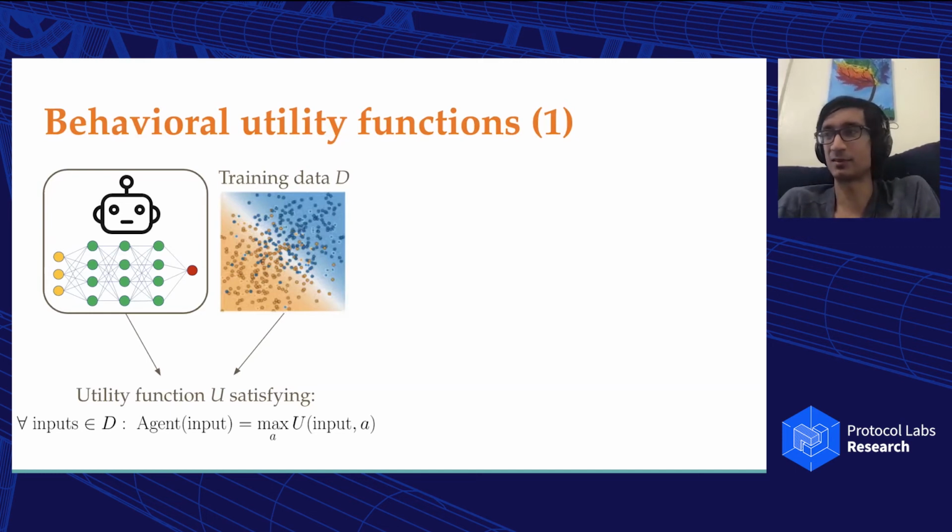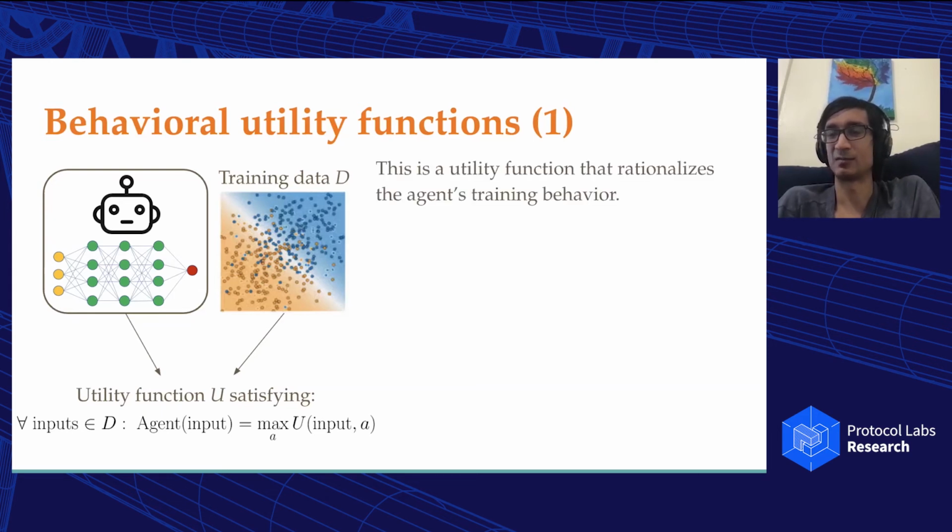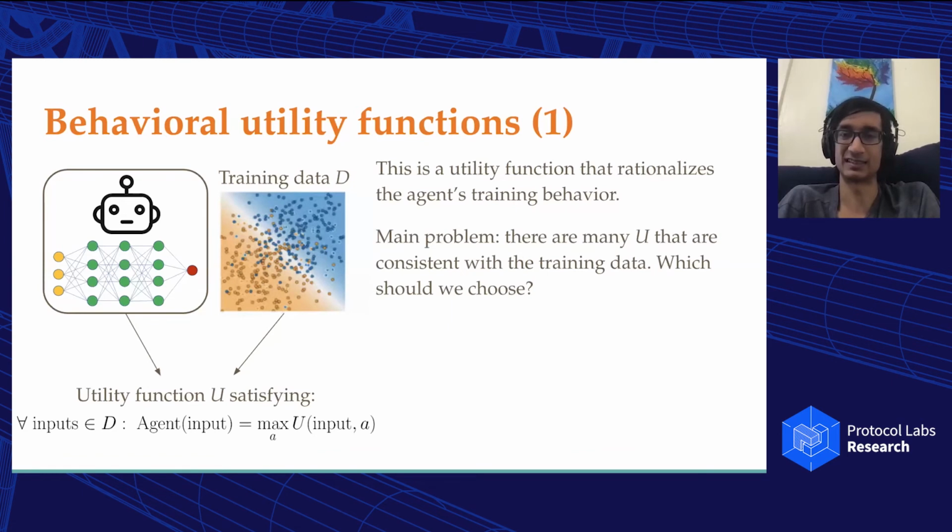The biggest problem with this is just that there are many utility functions that are consistent with this training data, and there's no way to choose amongst them. So in our scheduling assistant example, you could have the utility function where the agent is doing whatever Bob wants it to do, at least when it knows what Bob wants. That's consistent with the training data. But there's another thing that's consistent with the training data, which is: in situations where Bob asks to hang out with a friend, I get high utility for scheduling a night out at the club.